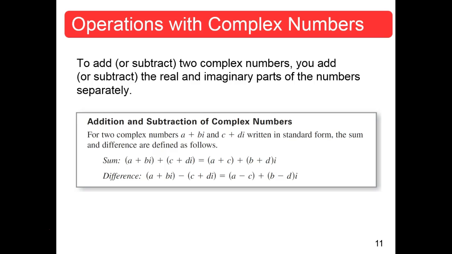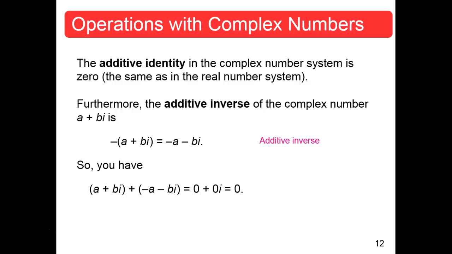Combine like terms. Okay? Now, these are all features that you have to have for legitimate sets of numbers. The other is an additive identity. In the complex number system that is 0. Because when you add any complex number to 0, you get the same complex number.